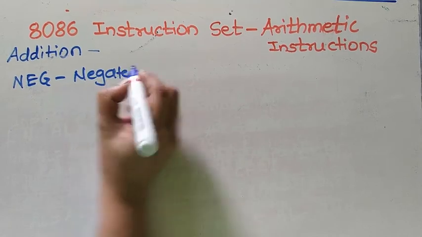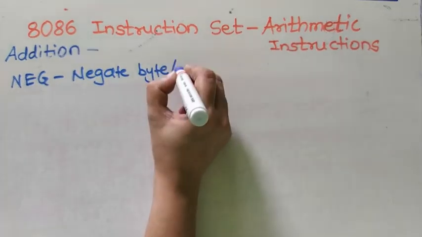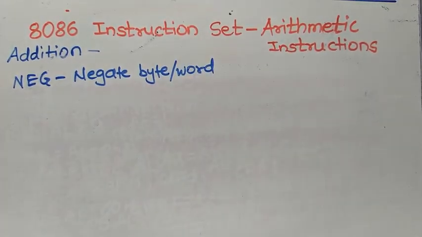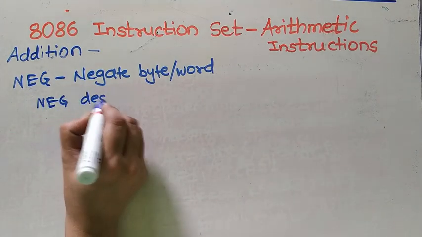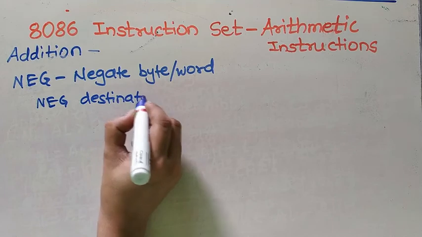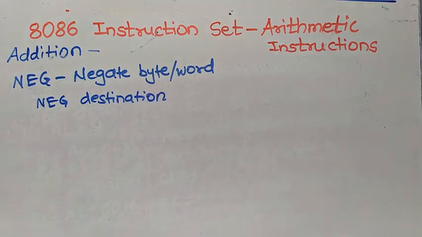negate byte or word. The mnemonic is NEG destination. So what happens, this instruction replaces the number in a destination with 2's complement of that number.